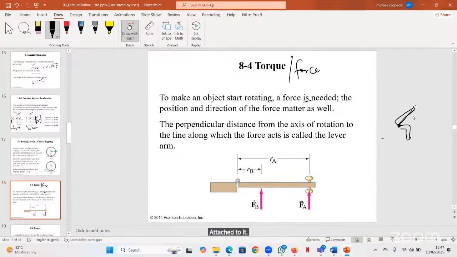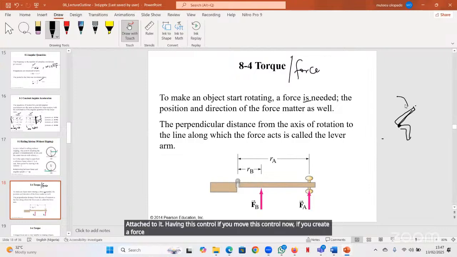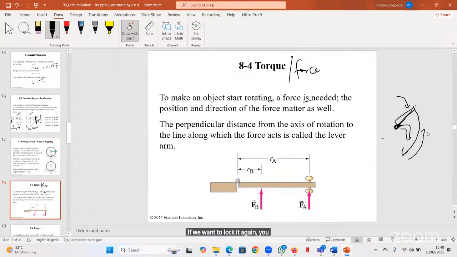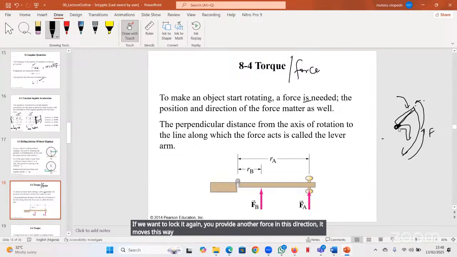If you create a force in this direction, you find out that it moves this way about a fixed point. If you want to lock it again, you provide another force in this direction. It moves this way about a fixed point and is locked.